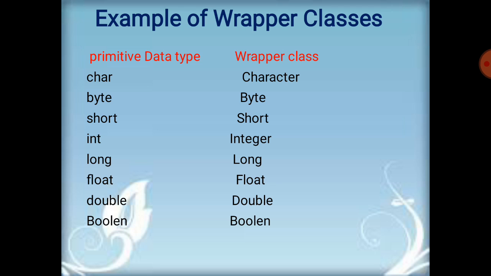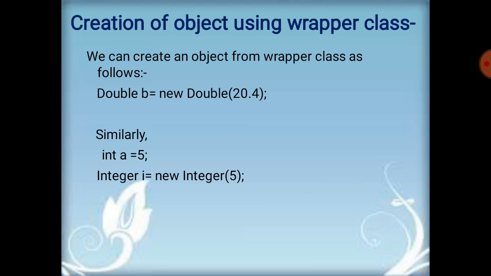For short, it is Short. For int, it is Integer, I is capital. For long, it is Long. Float, Float. In this way, for each primitive type we have a wrapper class, but the first letter starts with a capital letter.